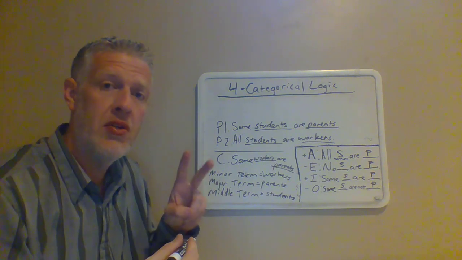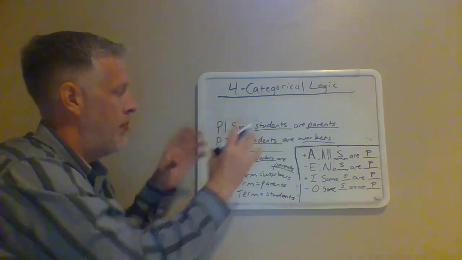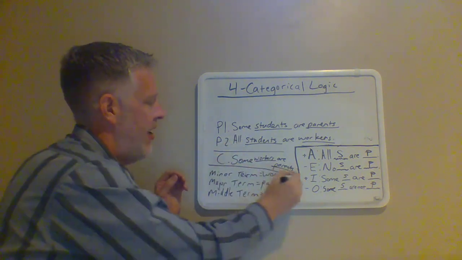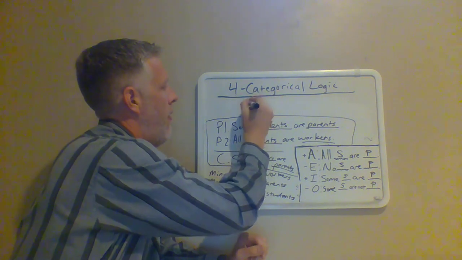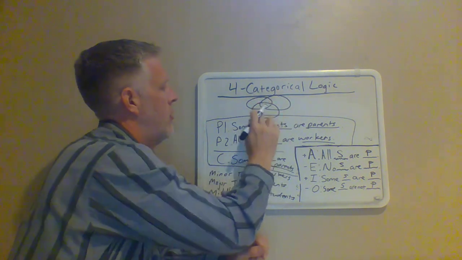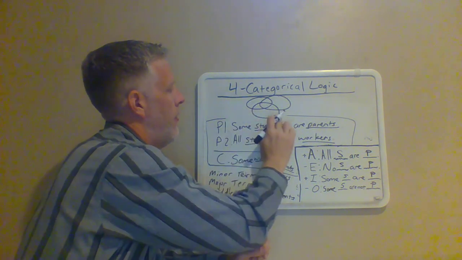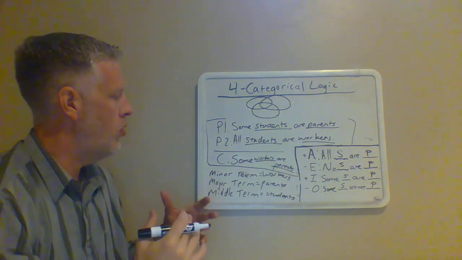So we no longer need just 2 circles, we're going to need 3, okay? And when you're representing what's being said, you need to make sure you stick with the convention. So we're going to have 3 circles, okay?